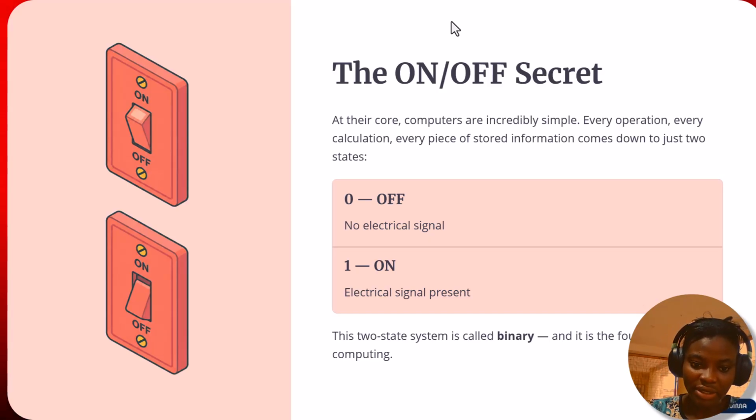For example, the name Janet is data. The number 25 is also data. A photograph taken with a mobile phone is data. And a recorded voice message is also data. So data can exist in many different forms.